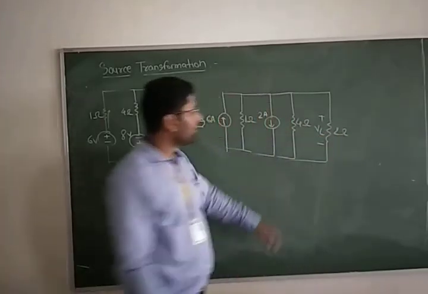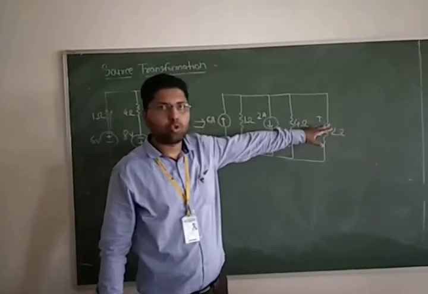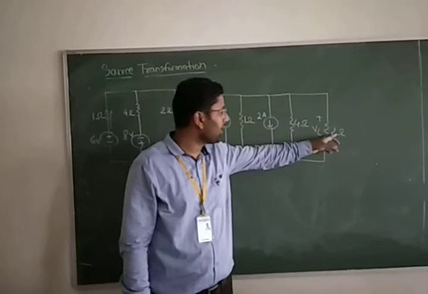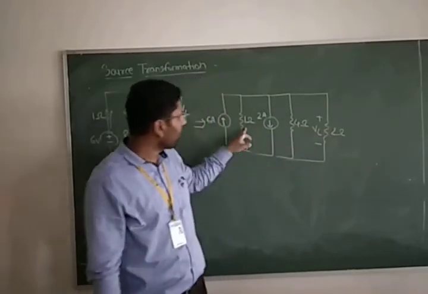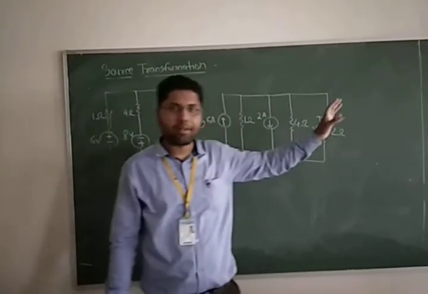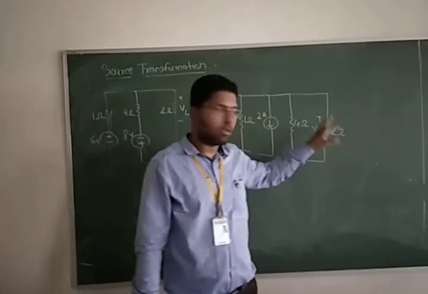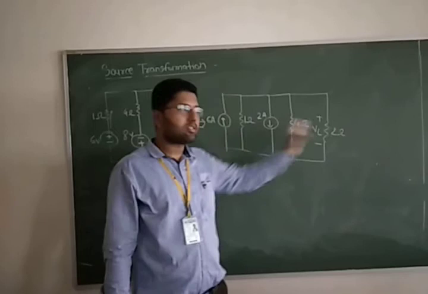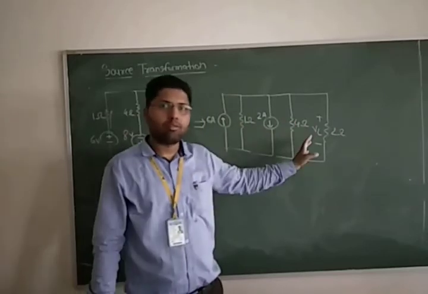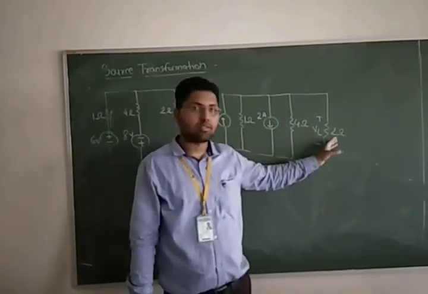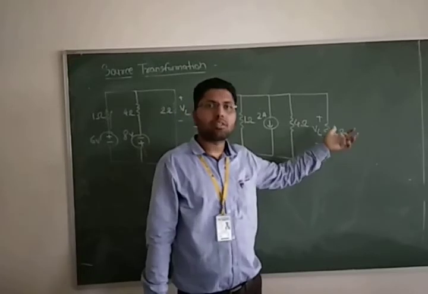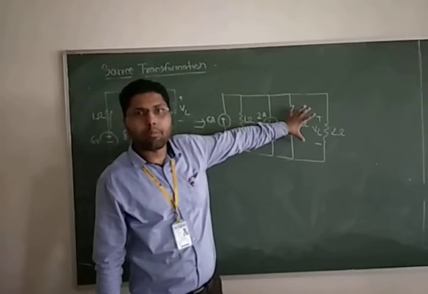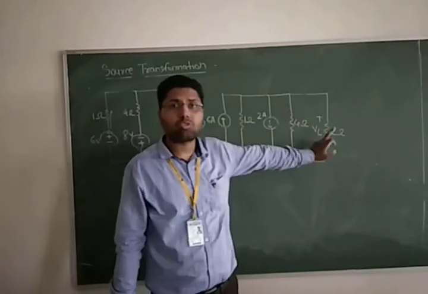Because if you change something, the voltage across this 2 ohm resistance will change. The 1 ohm, 4 ohm and 2 ohm are in parallel, but you don't have to count this 2 ohm resistance, because if you take all the resistances in parallel and calculate the parallel resistance, the 2 ohm resistance will change, and you have to calculate the voltage across that 2 ohm resistance. So that's why you don't have to change that 2 ohm resistance.